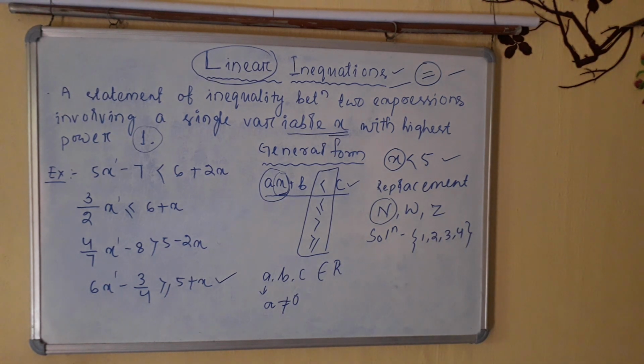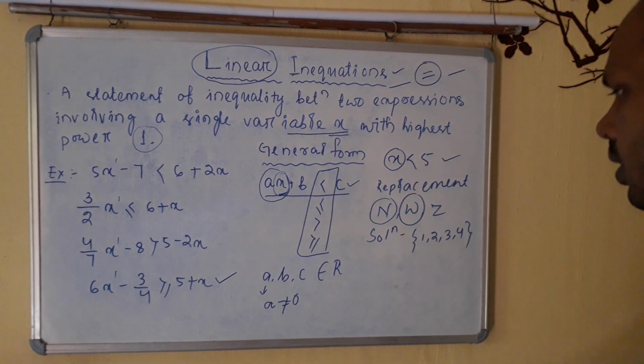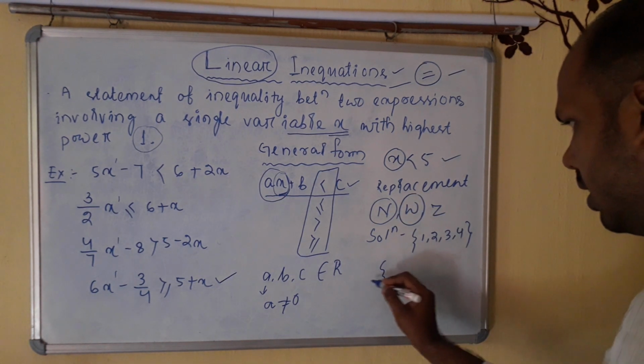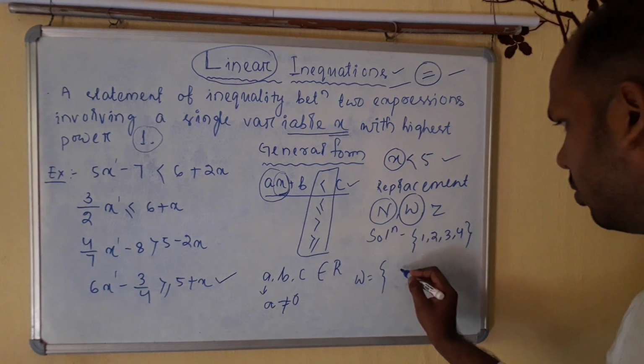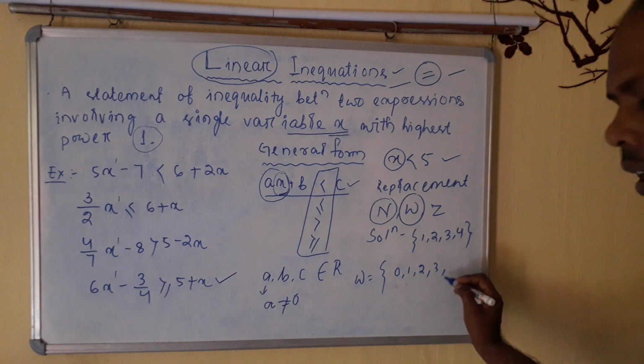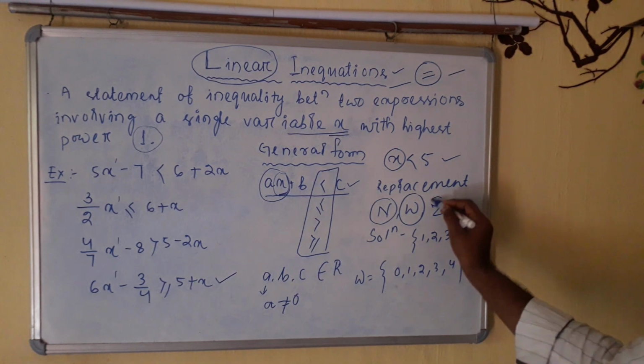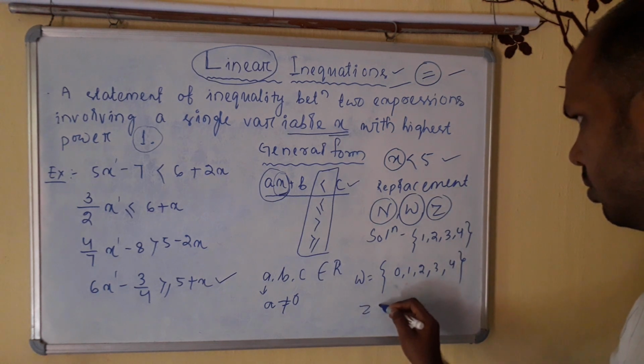Yes or no? Yes. When the replacement set is W, it will be 0, 1, 2, 3, 4. Okay. When the replacement set is Z, what will be the solution set?